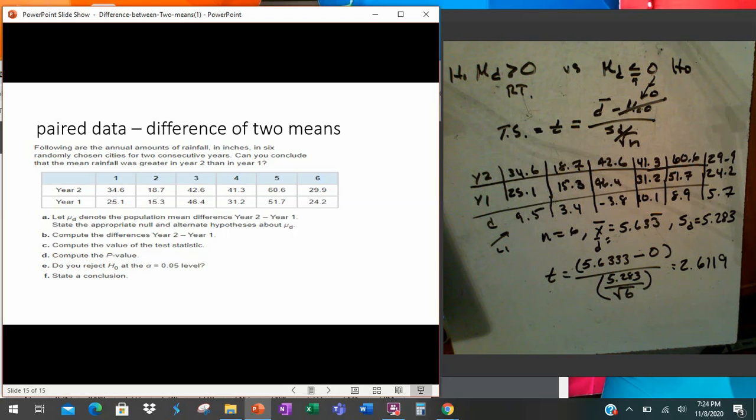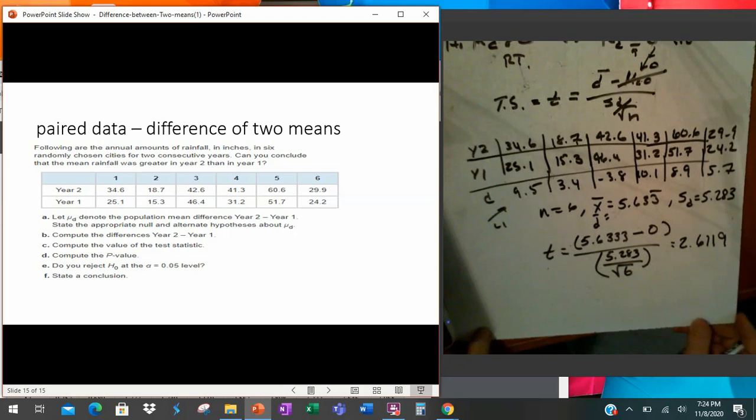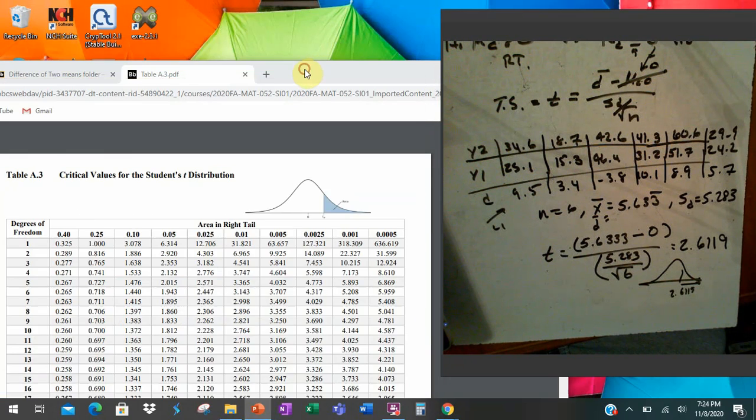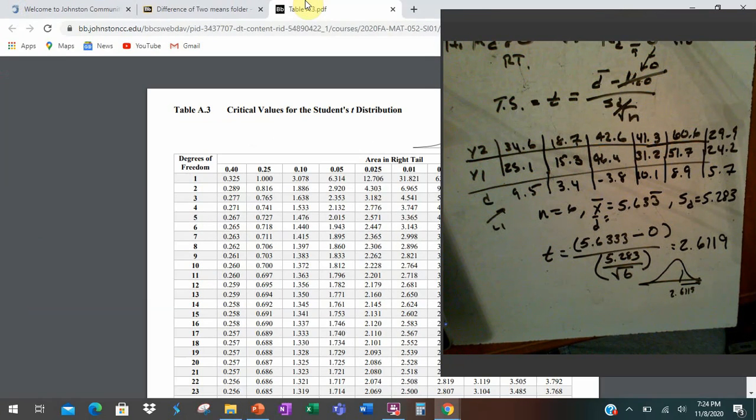Compute the p-value. Let's do that one. Okay, so what I would want to do, this is a right-tailed test. So I need, here is 2.6119. I want the probability to the right. You could do inverse t if you have a calculator, but I'm going to go here and do it.